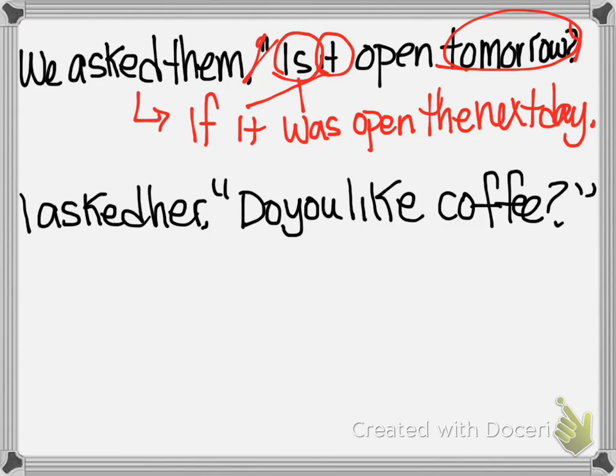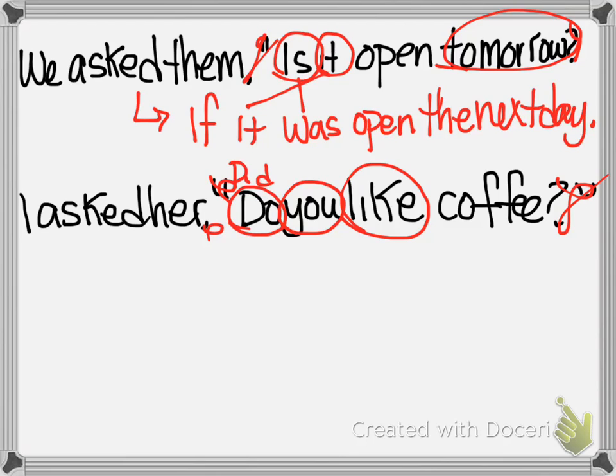I asked her, do you like coffee? Let's start by getting rid of this punctuation. So now we've identified the three pieces that need to be changed. Do you like coffee? So this is simple present and it's using do, and if we change do to simple past, it looks like did. But then we have did like, and we can't use did like in a statement.